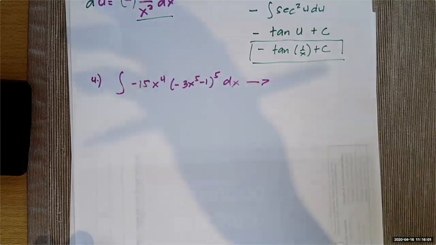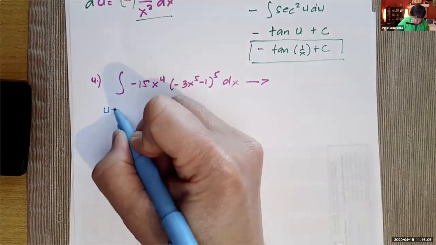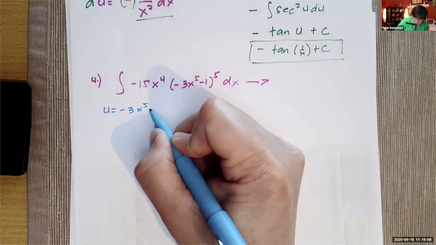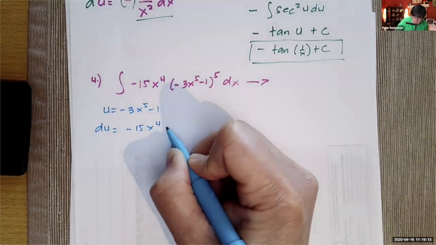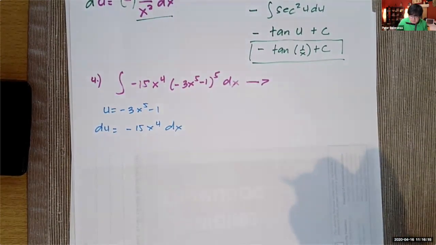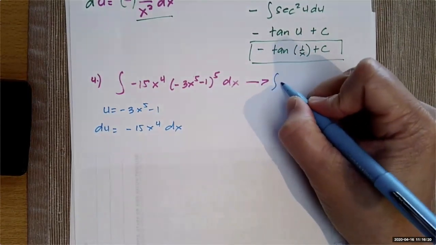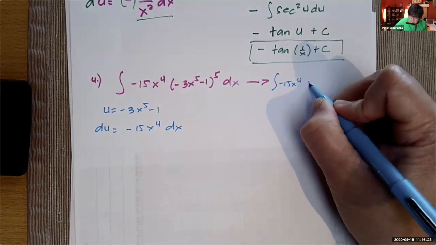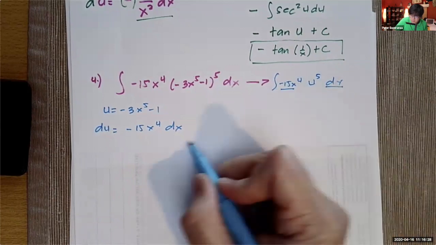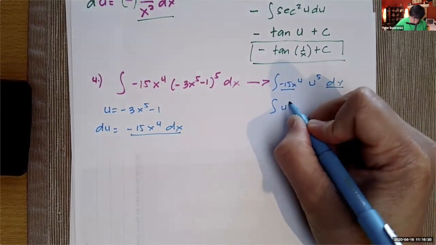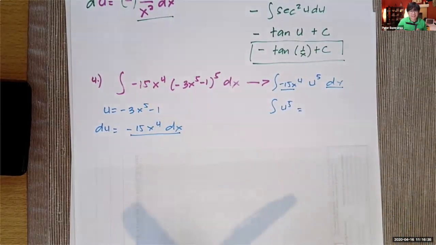Okay. And for those of you who are wondering how they got that answer, u is negative 3x to the 5th minus 1. The derivative of that is negative 15x to the 4th dx, right? So I'll have the integral of negative 15x to the 4th, u to the 5th dx. So this is an easy problem because it's pretty obvious.